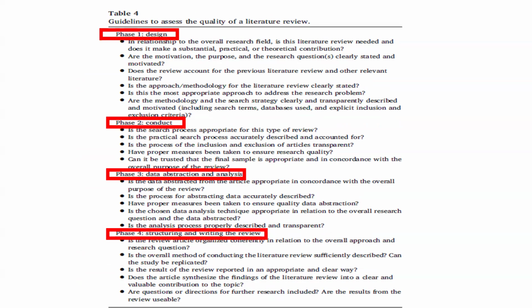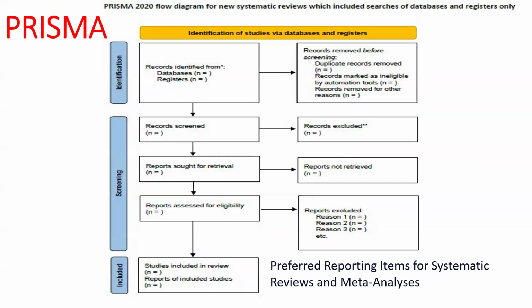In structuring and writing the review, there are different steps and quality guidelines you need to follow in all steps, and then your review will be perfect, it will be scientific, and it will be easier for you to convince your audience. So you need to ask questions and follow guidelines in the design, conduct, analysis, and writing phases. Now I will go into different frameworks.